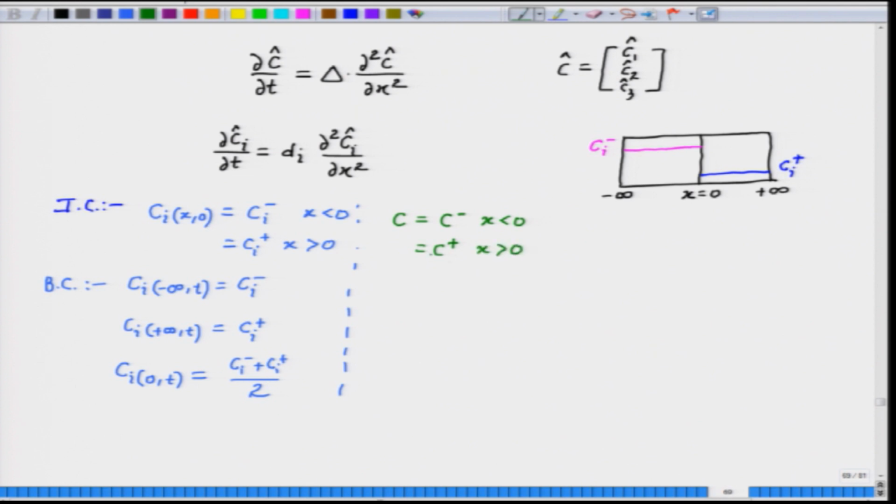C plus is the column matrix of 3 independent concentrations of the right terminal alloy. Similarly, we can write the boundary conditions. C at minus infinity, t is equal to C minus. C at plus infinity, t is equal to C plus, and C at 0, t you can write as 1/2 C minus plus C plus.